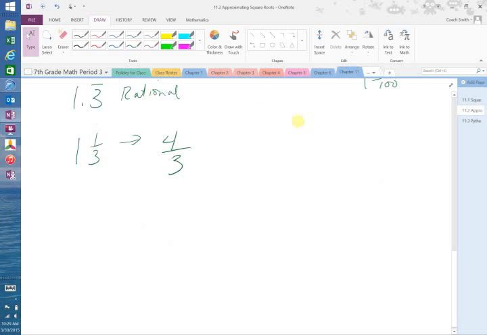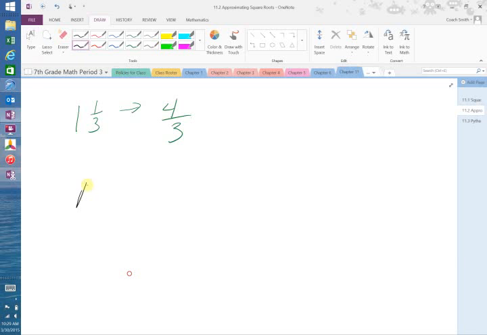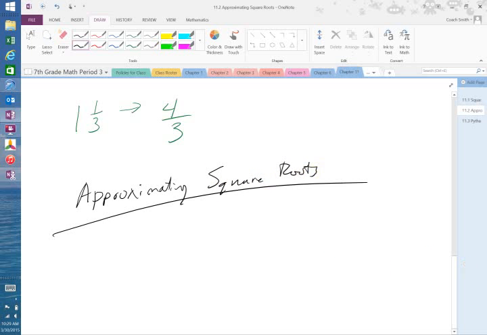So that takes us to our last point, approximating square roots. Here's what we're looking at.